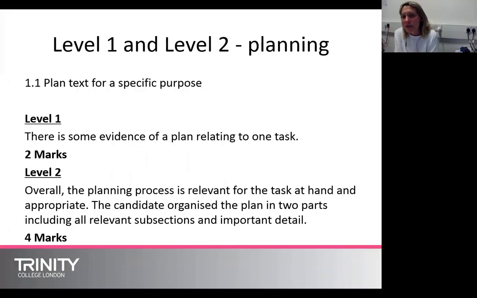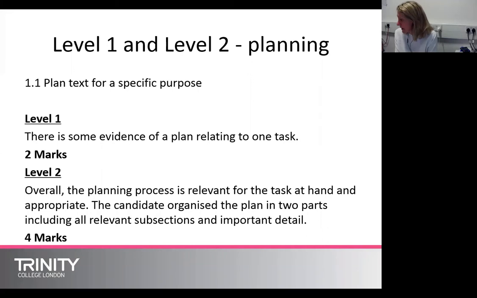So the plan at level 1 shows some evidence of planning, and the plan at level 2, you can see how relevant it is to the task, and it's highly relevant, and it is fairly detailed.